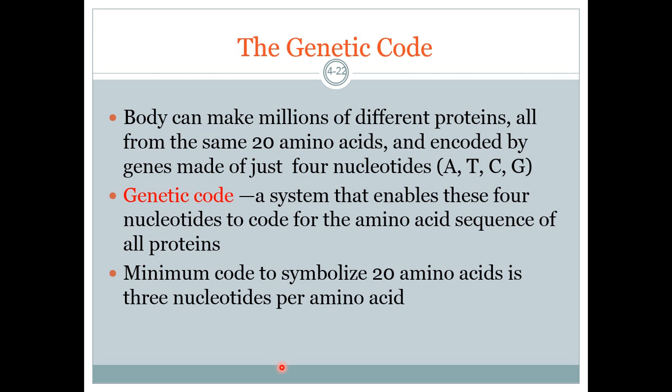Alright, so let's look at the genetic code. The genetic code is a system that enables 4 nucleotides to code for the amino acid sequences of all proteins. The minimum code to symbolize 20 amino acids is 3 nucleotides per amino acid. Each group of 3 nucleotides coding for an amino acid is called a base triplet.